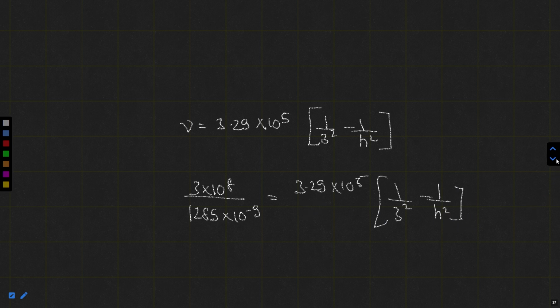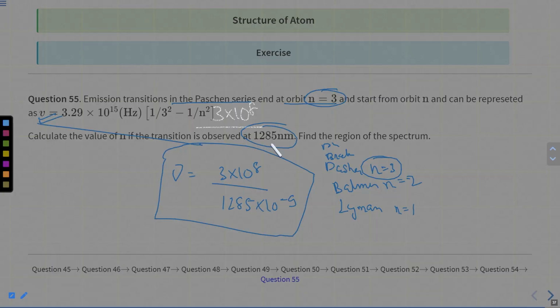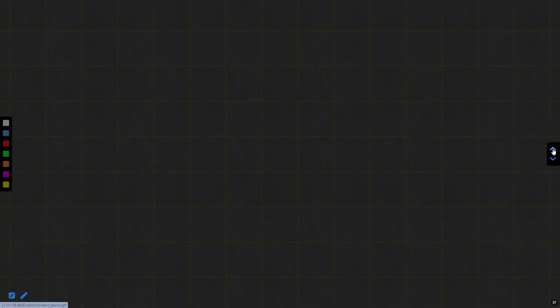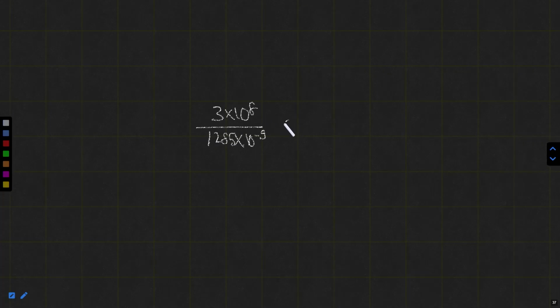Now next what we will do, we will multiply this value on this side: 1285 into 10 to the power minus 9. This is multiplied by 3.29 into 10 to the power 15, 1 by 3 square minus 1 by n square.